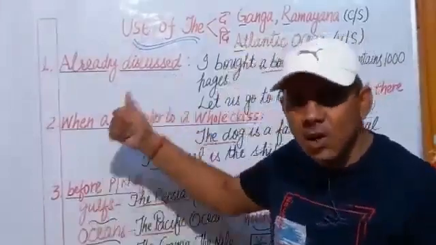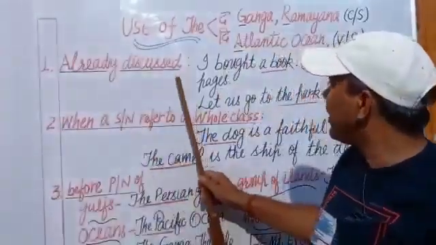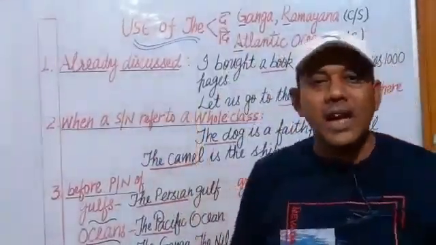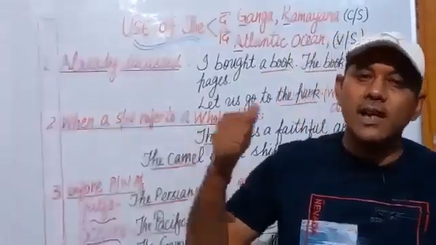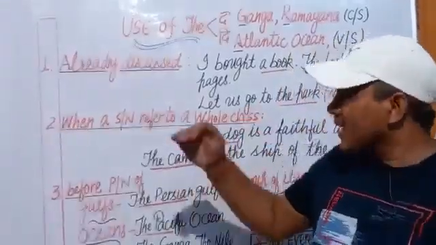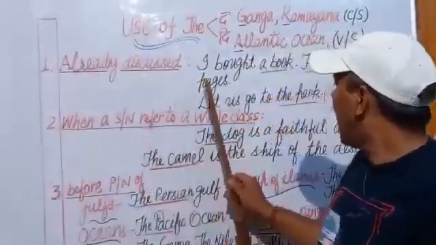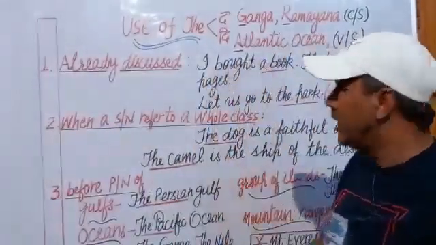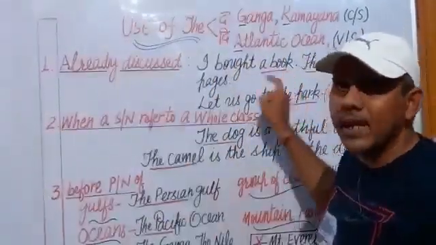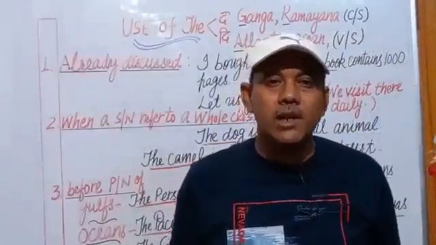If it is discussed already, then we shall use the before that particular noun in the second sentence. Let us take an example. I bought a book. The noun book begins with a consonant sound b.